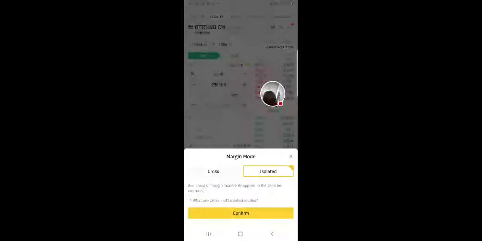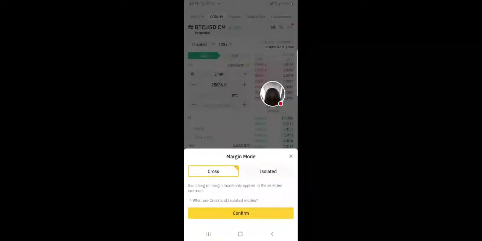So I've explained these two modes, the cross and isolated margin. They are very, very important in this trading. They are very important.